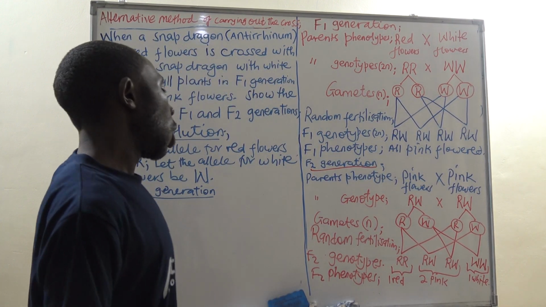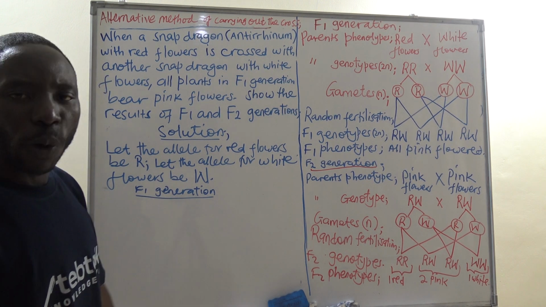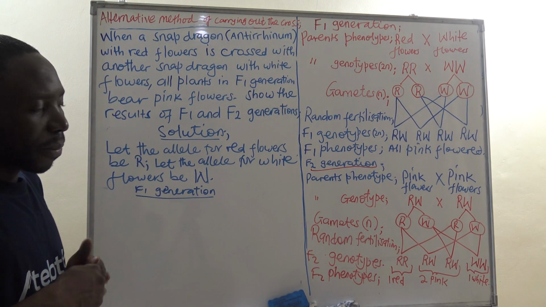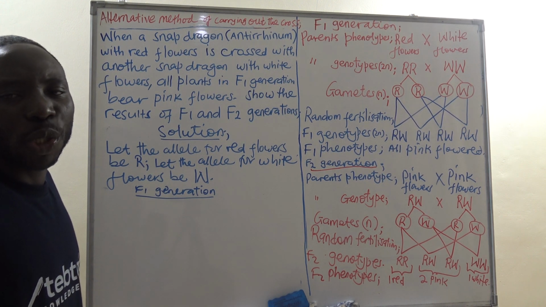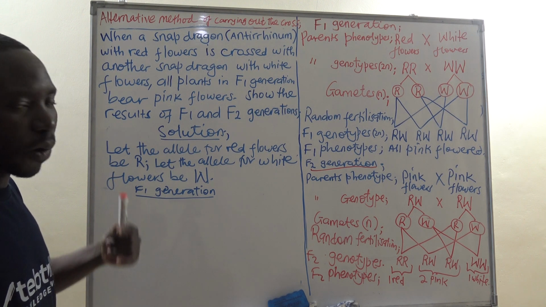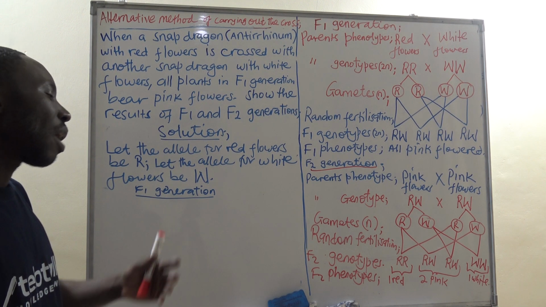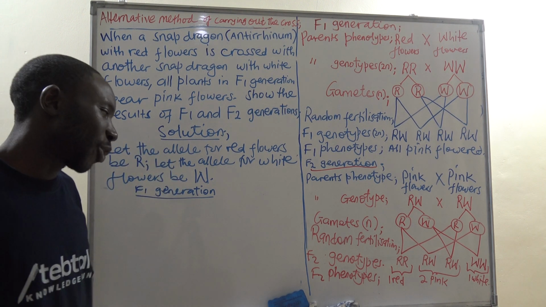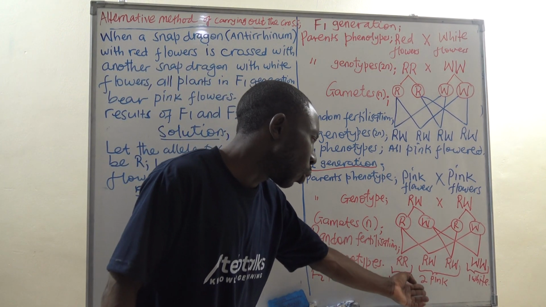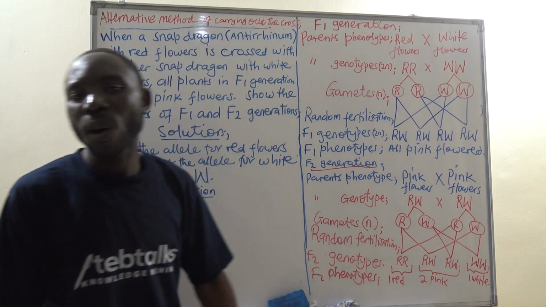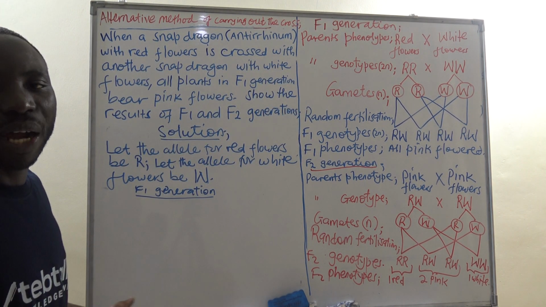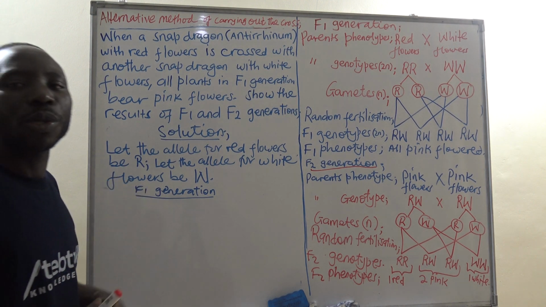So you can see very clearly that the phenotypic ratio of monohybrid inheritance in the F2 generation, which is 3:1, is modified to 1:2:1, and this is due to the genes or alleles being codominant. So let us meet once again.